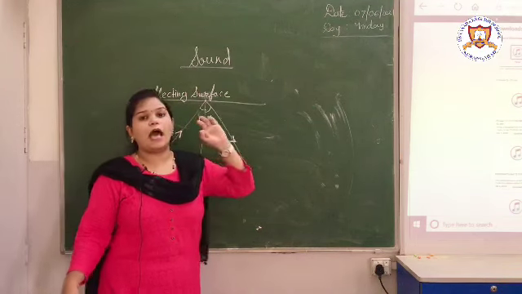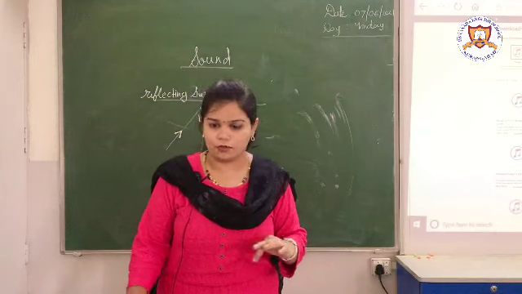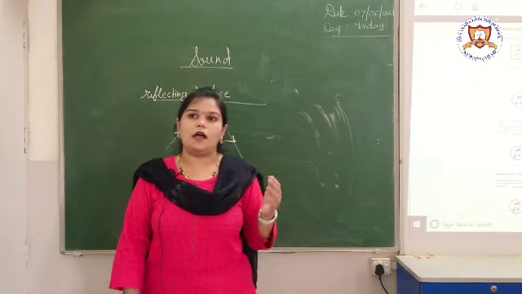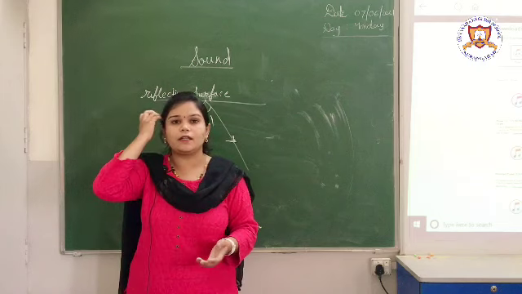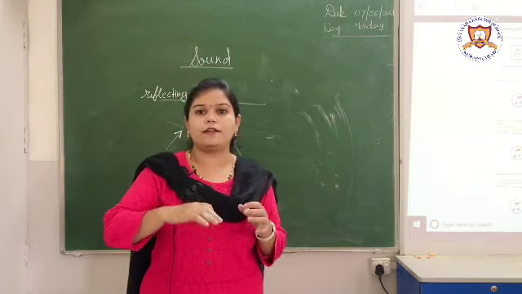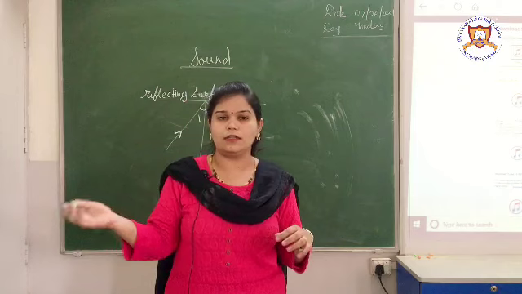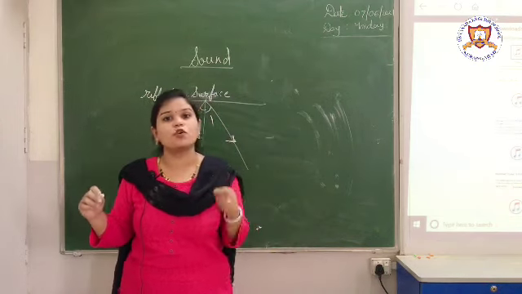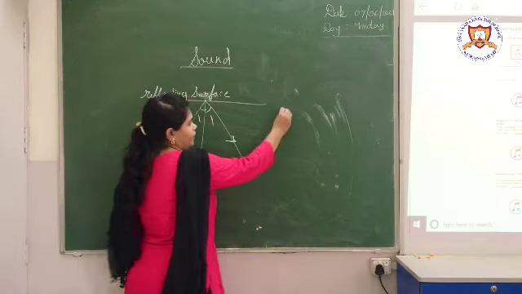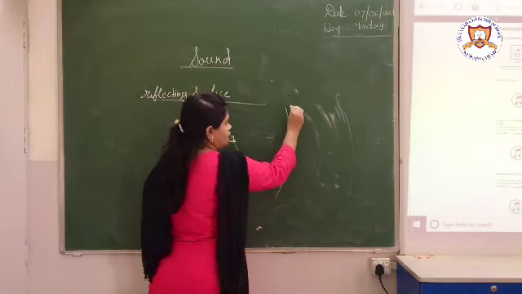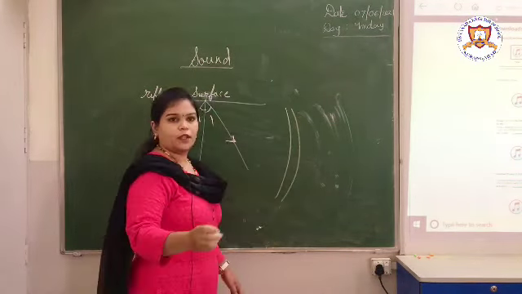Now what is the application of this reflection of sound? Have you seen the megaphone? In megaphones also the sound gets reflected and becomes loud on the other side. In a stethoscope also, there is continuous reflection.